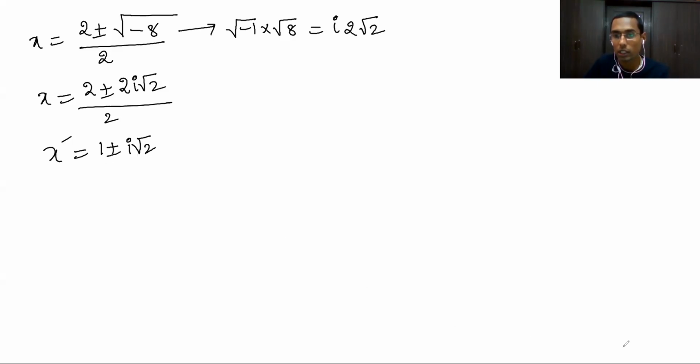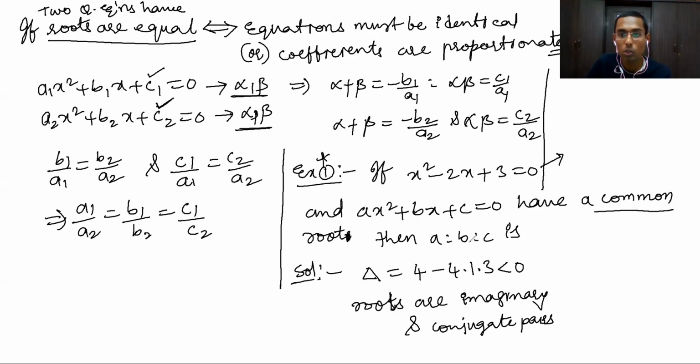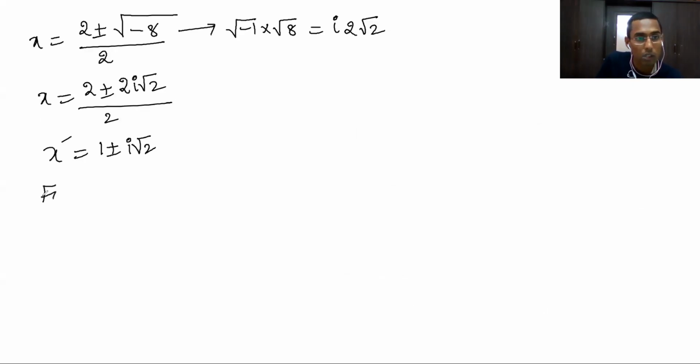If at all roots occur, they must occur in conjugate pairs. Now for ax square plus bx plus c equals 0, I said one root is common.